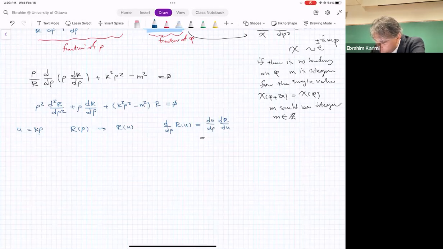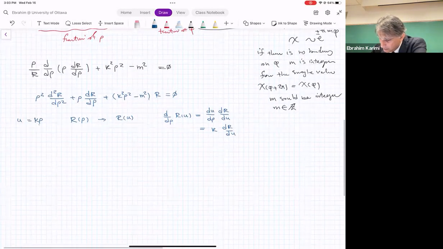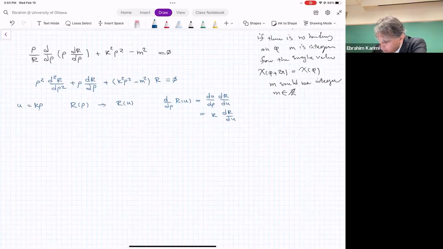That will give you a kappa dR du. Since kappa is a constant, that will simply replace whatever we have here with a k. Let me do that. So the first term will be, rho will be u divided by k.